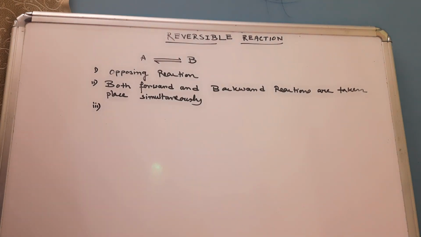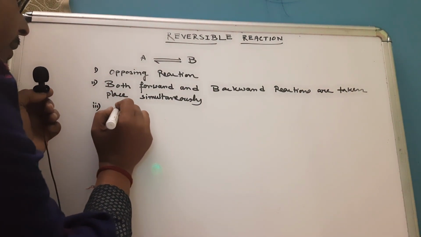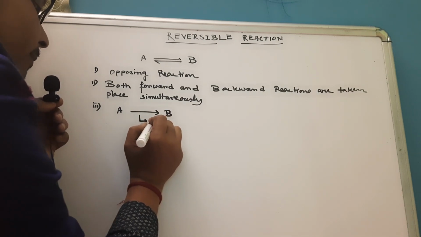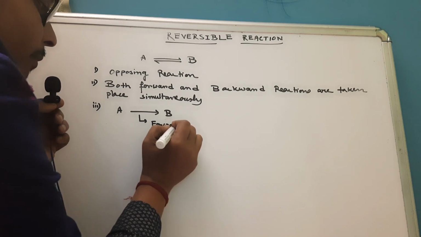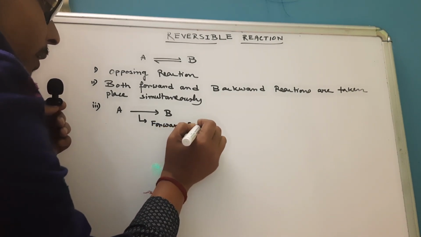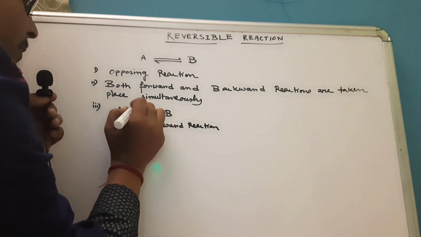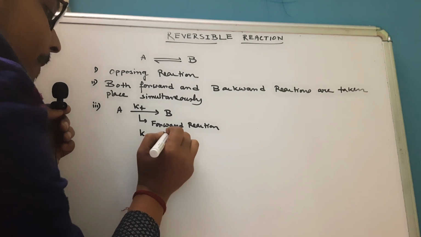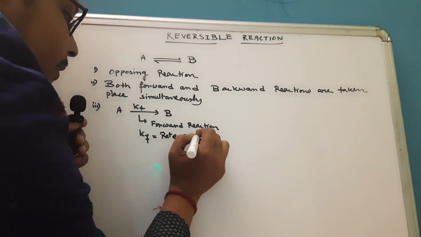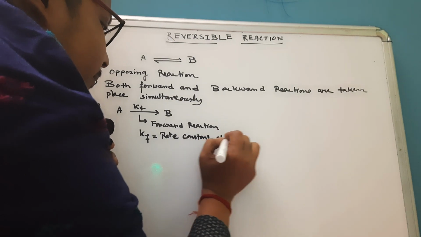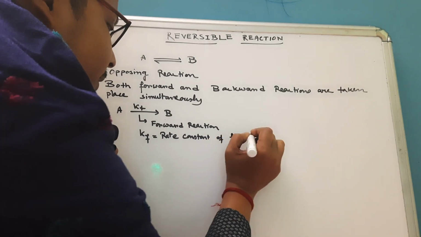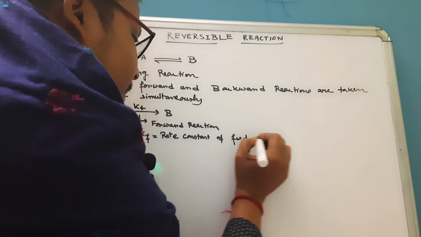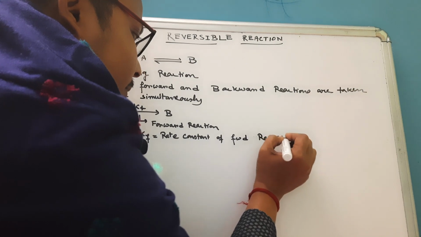Number 3. So what is the A to B? This is our forward reaction, and let the rate constant of the forward reaction be Kf. So what is the Kf? Kf is the rate constant of the forward reaction.